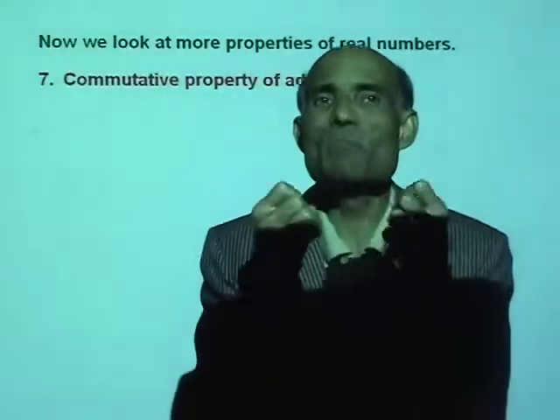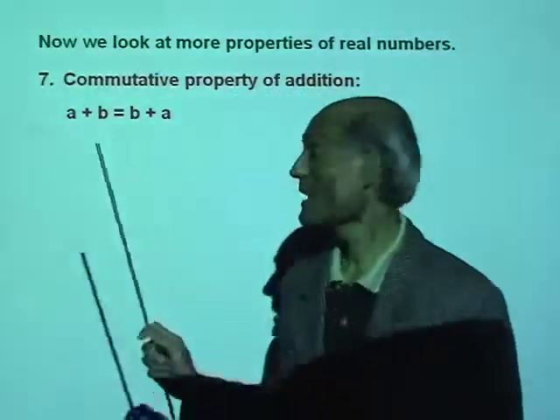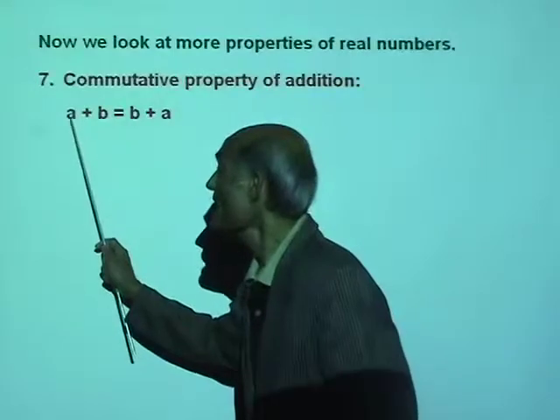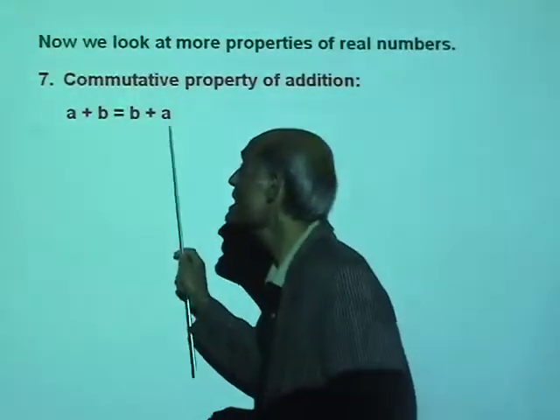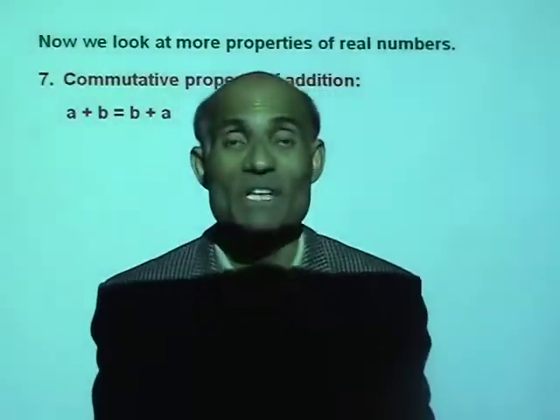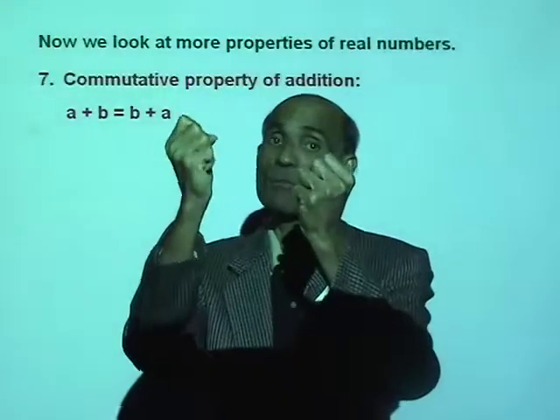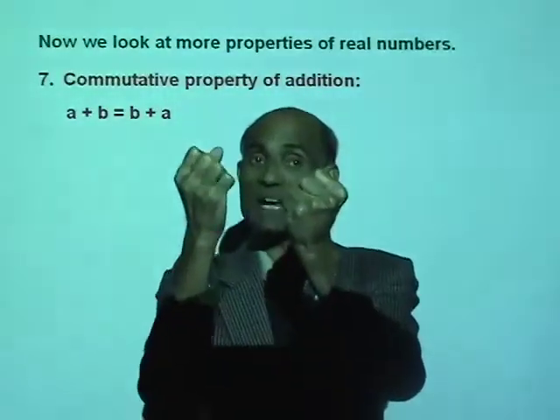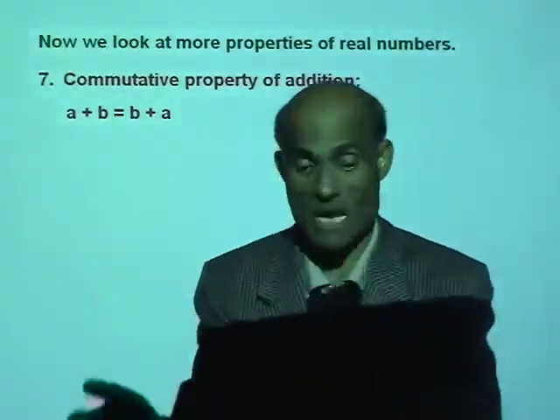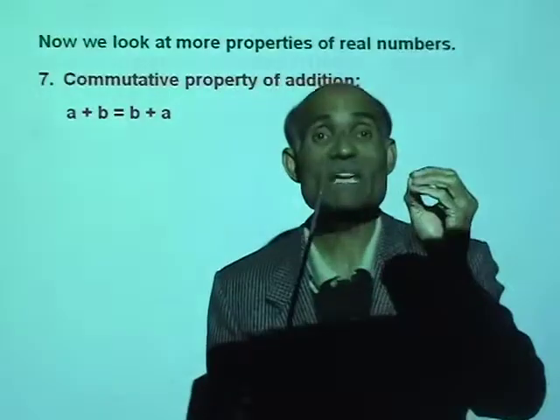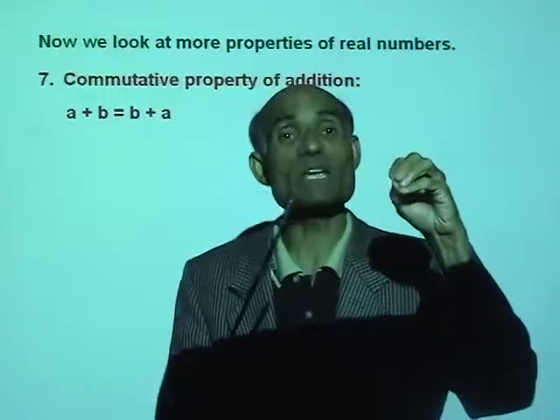What is the commutative property of addition? Well, what it means is A added to B is the same as B added to A. You see that? Commute. Go from A to B, and B to A. A added to B is the same as B added to A. Isn't it so? 3 added to 2 is the same as 2 added to 3.